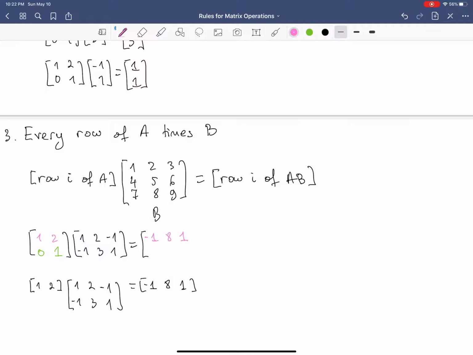And then for the second row, we have 0, 1 times the matrix 1, negative 1, 2, 3, negative 1, 1.